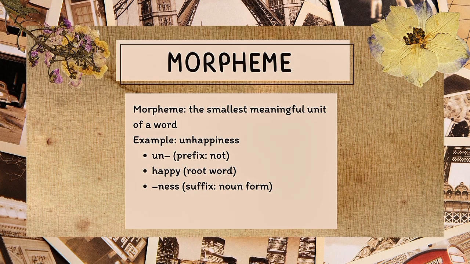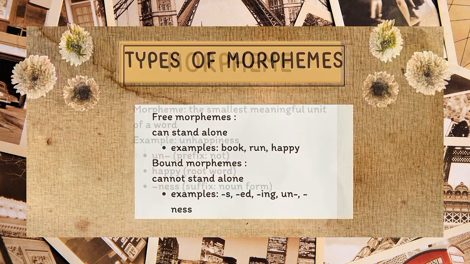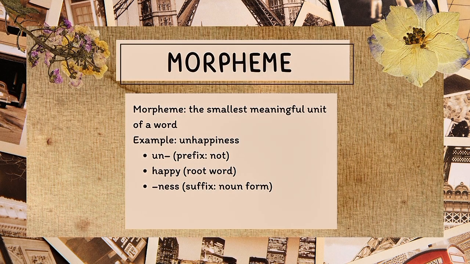What are morphemes? A morpheme is the smallest part of a word that has meaning. Some words have only one morpheme, while others have more than one. For example, let's look at the word unhappiness. This word can be divided into three morphemes.